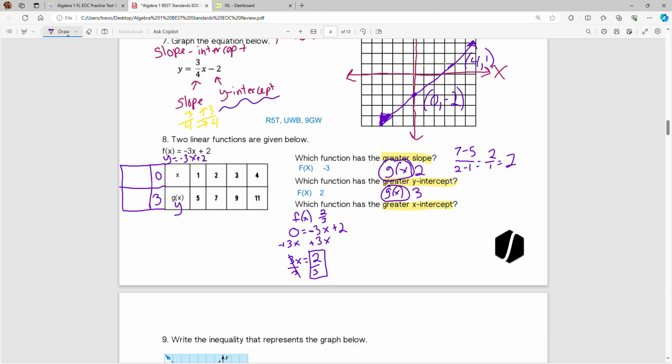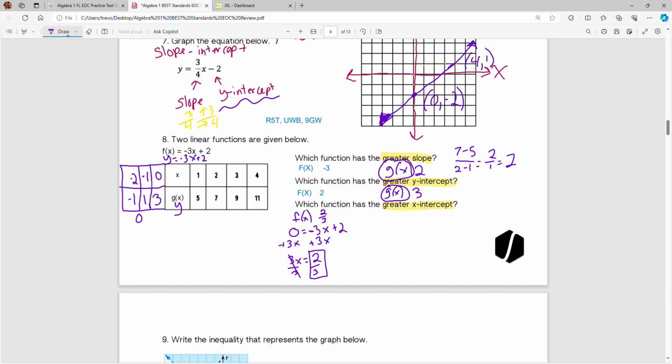And then what's the x-intercept? I can keep my table going because I'm almost to 0 for my y's. 3 minus 2 is 1. And then 1 minus 2 is negative 1. So my y would be 0 right in the middle of 1 and negative 1.